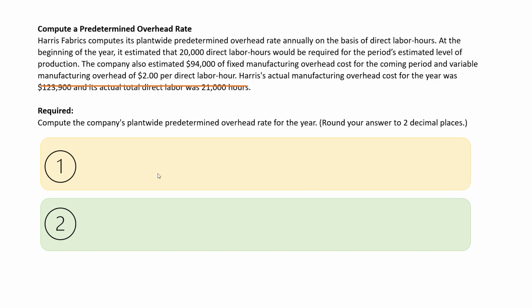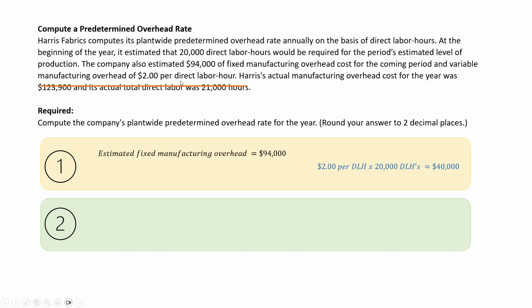The first thing I want to do is calculate total estimated overhead. Well, the fixed part of that's easy because they gave us 94,000 fixed overhead in total. The variable portion's a little bit more challenging, but we can still do it in a couple of steps.